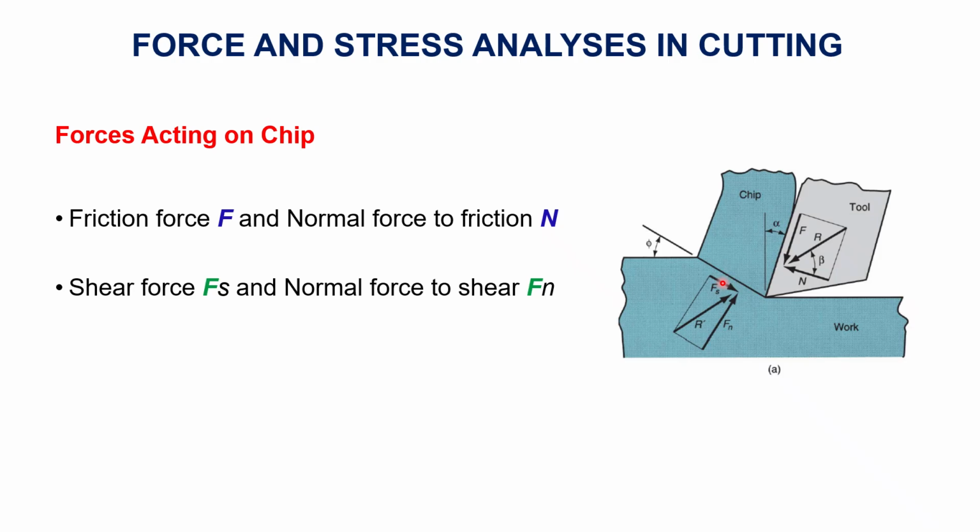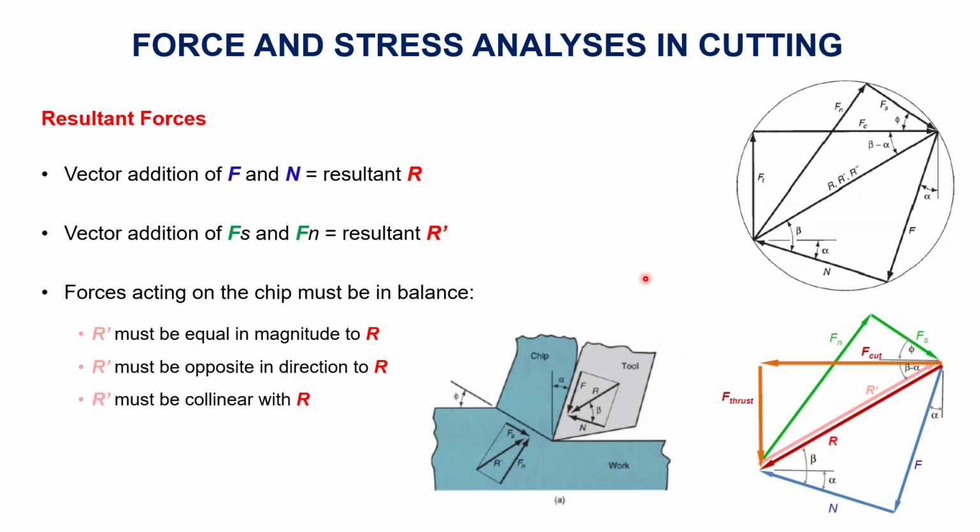Okay, so now these are the forces we are going to have. You can see that these forces are not related in any way, except that the resultants are going to be equal in magnitude and opposite in direction. The vector addition of the friction force and the normal force to the friction force is going to be the resultant R, and the vector addition of the shear force and the force normal to the shear force is going to be the resultant R prime.